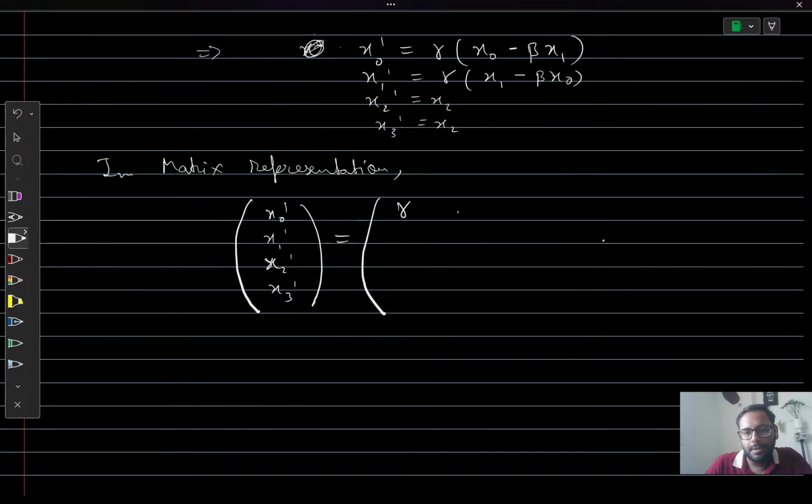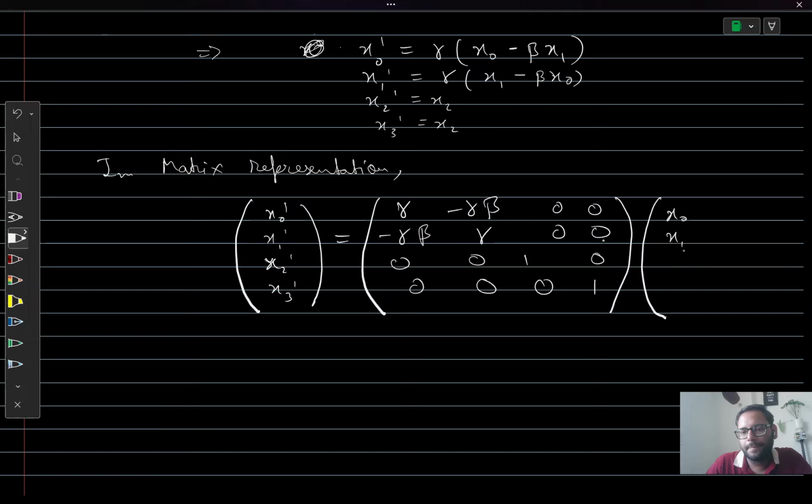It is simply gamma, minus gamma beta, minus gamma beta, gamma, 0, 0, 0, 0, 0, 0, 1, and 1, and this is my old coordinates, where of course this is ct prime and this coordinate is ct.